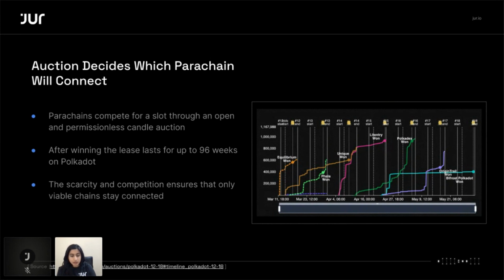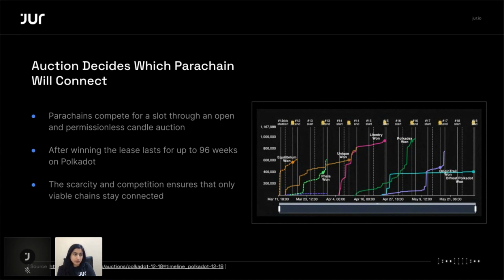It's like a regular auction, and for every slot that Polkadot provides, blockchains come and compete. They take part in the auction, and they place their bids. Of course, the one who placed the highest bid wins the slot, and then they get to connect their blockchain to the main Polkadot relay chain. And they can stay connected for up to 96 weeks, which is pretty much 2 years.